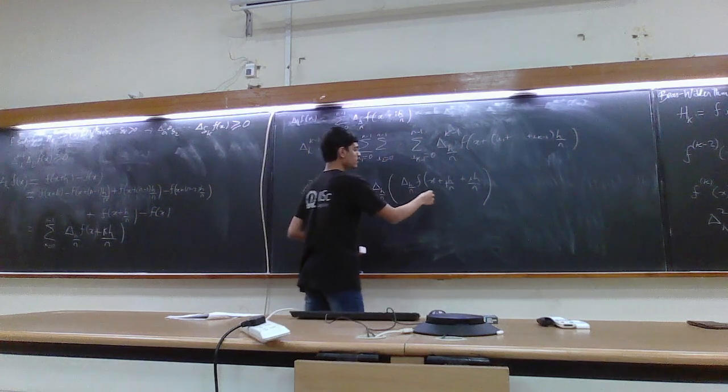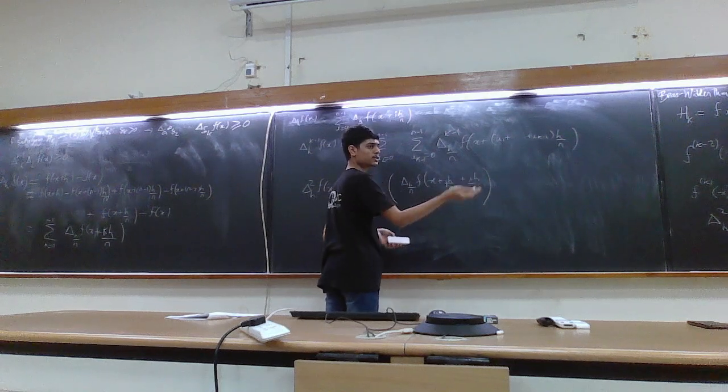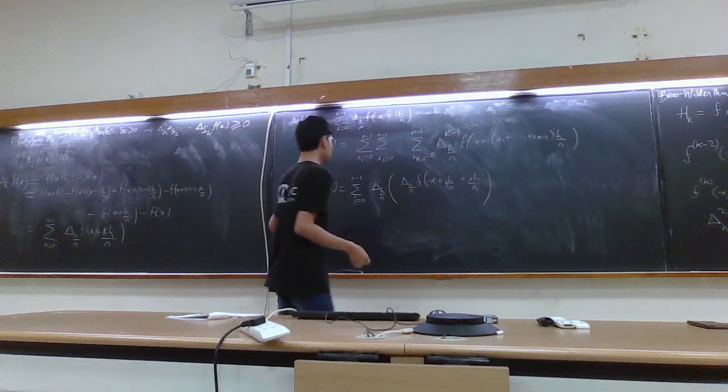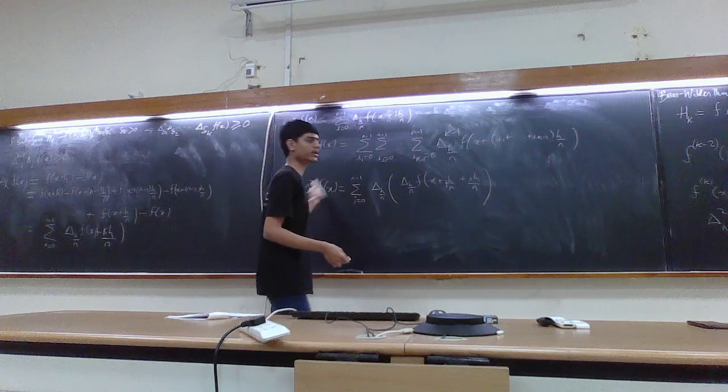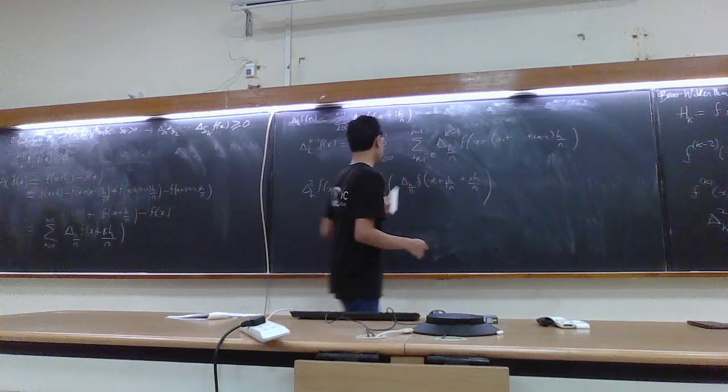So this is the same as j plus i times h by n, and you do this k minus 1 times to get this, fine?